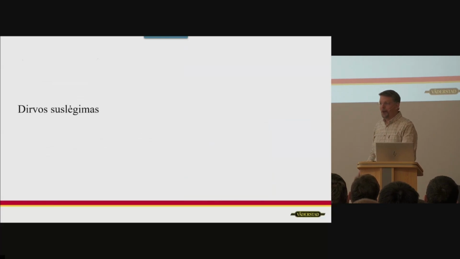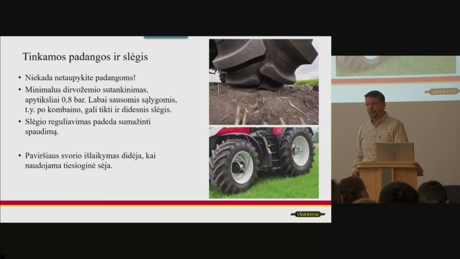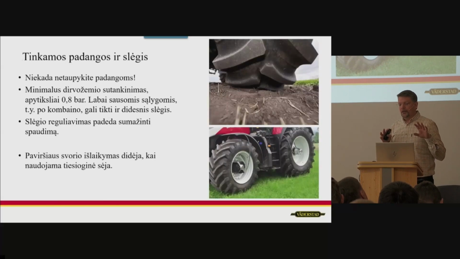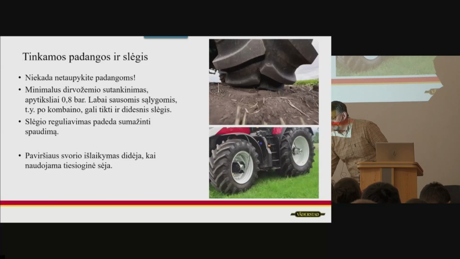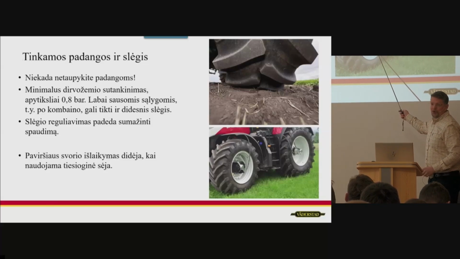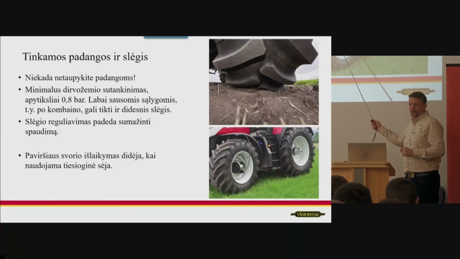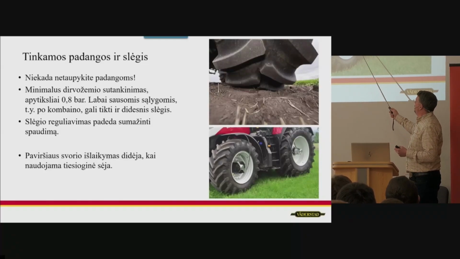So if we look at compaction, it's also connected to the drainage. Tires: don't save there, keep low pressure. I really like those things I've been following for a long time, developed in small workshops by people.